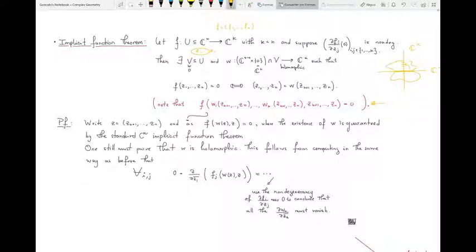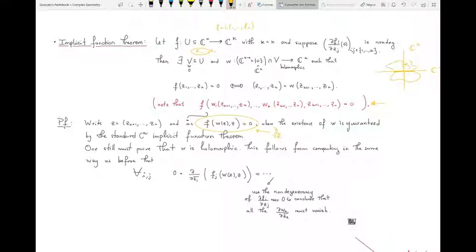So let's write it in this way for simplicity. The conclusion that we have is from the standard implicit function theorem. So we use the implicit function theorem to guarantee the existence of such a W, that then we need to prove is holomorphic. And to prove it is holomorphic, we basically differentiate this thing with respect to ∂/∂z̄ for all i's.